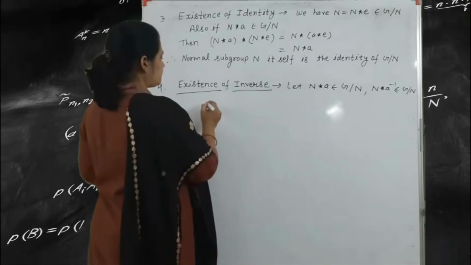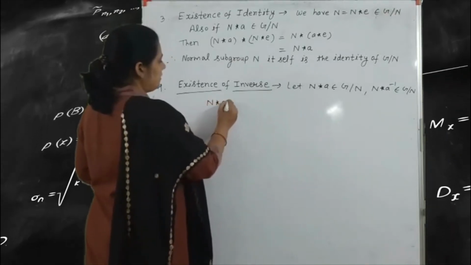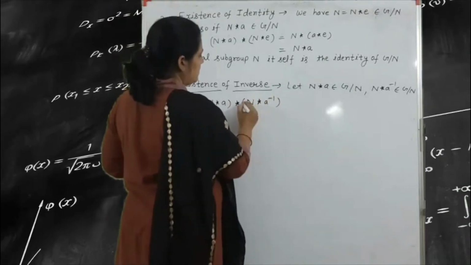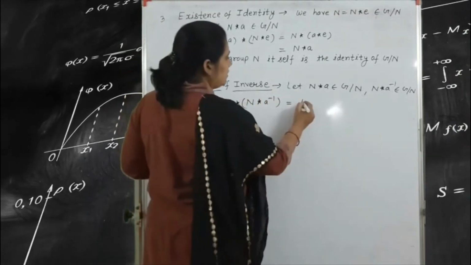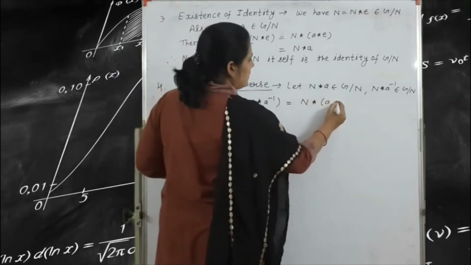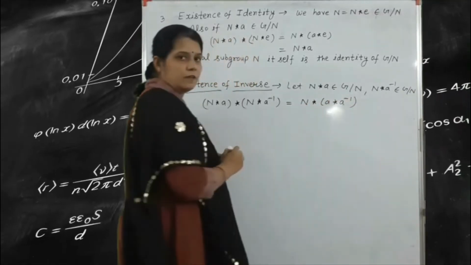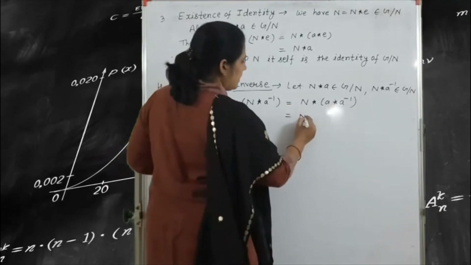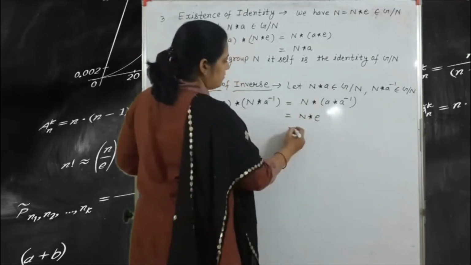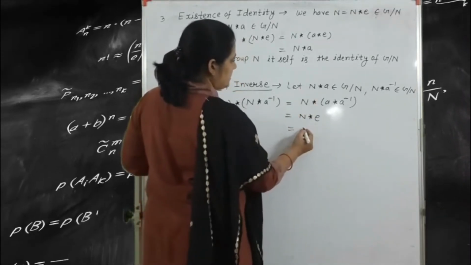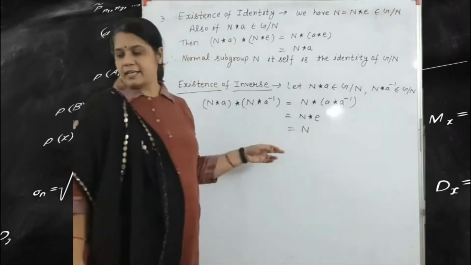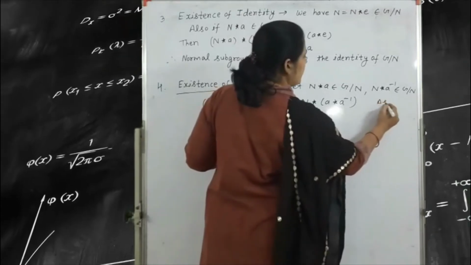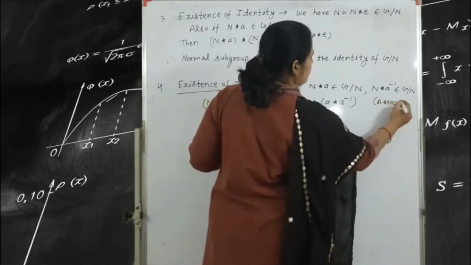So N*a * N*a inverse is equal to N*(a*a inverse). Since a*a inverse is equal to e, we get N*e. That means this is the identity element N*e. Here we used the associativity property.